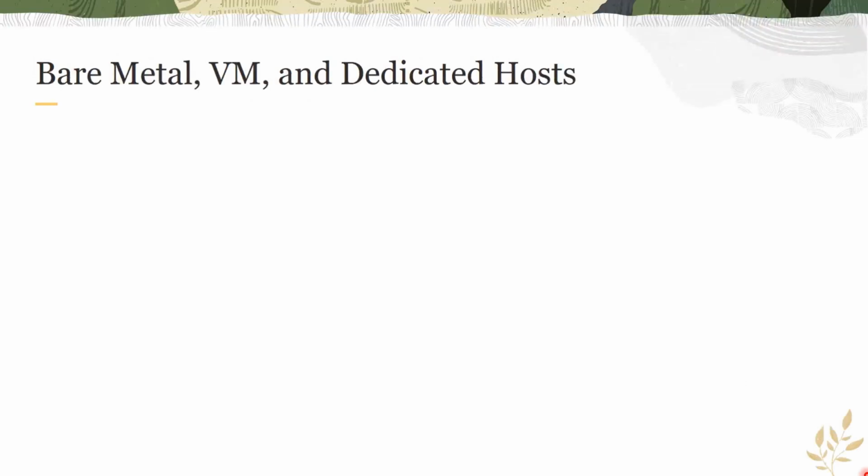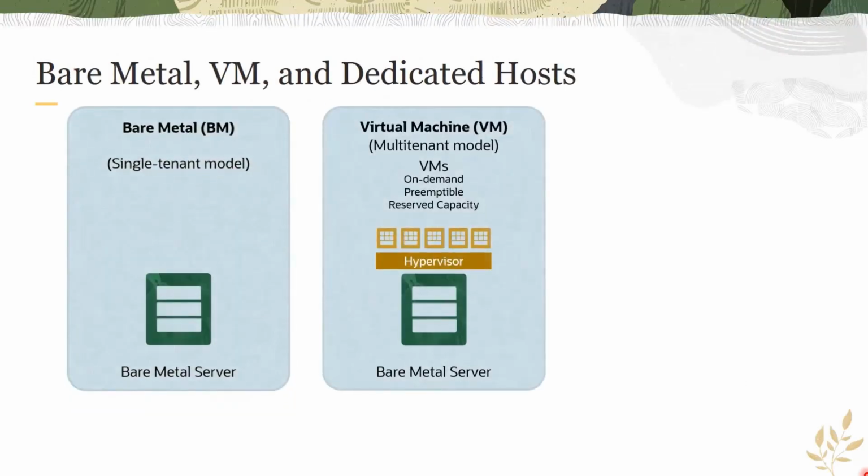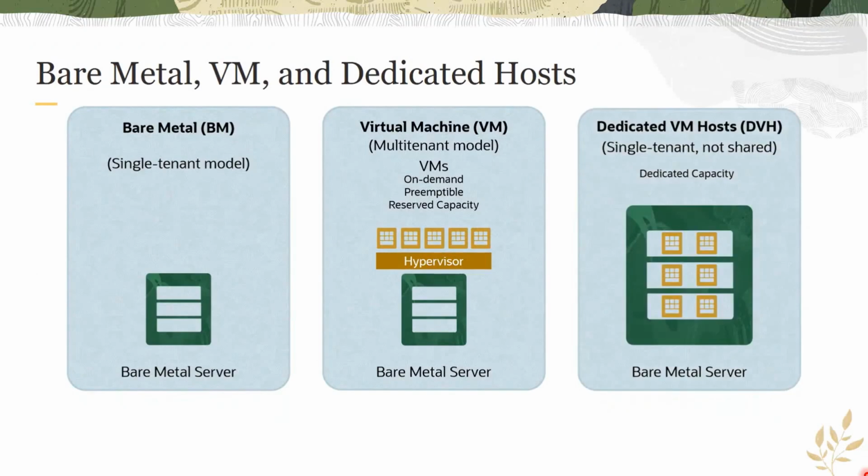Now let's have a quick look at the OCI offering. You can see the two models in the slide. Bare metal instances are instances where customers get the full server. This is also referred to as the single tenant model. The advantage here is that there is no performance overhead, there are no shared agents, and there is no noisy neighbor.